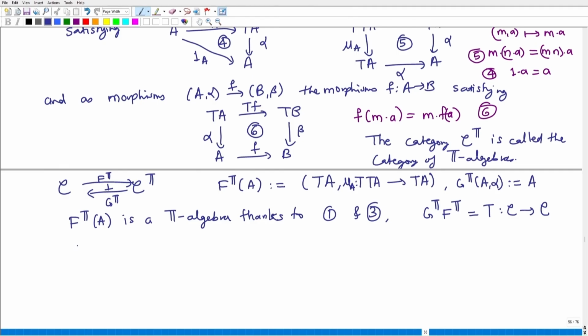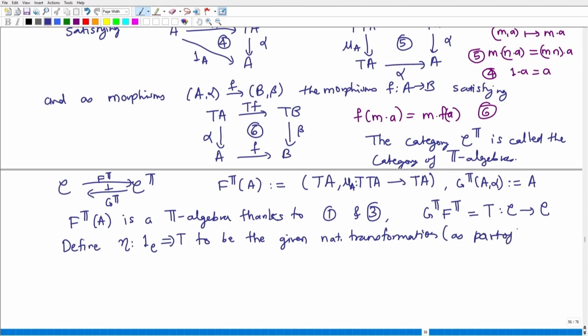We haven't checked anything here, but define eta from 1C to T to be the given natural transformation, given as part of T. Because T already contains T, eta, mu.